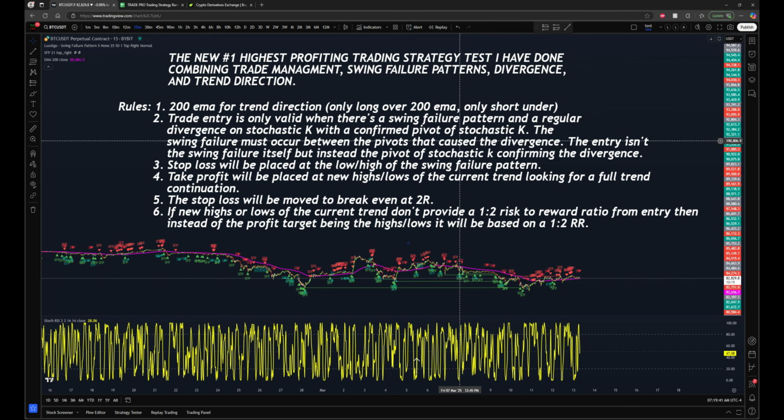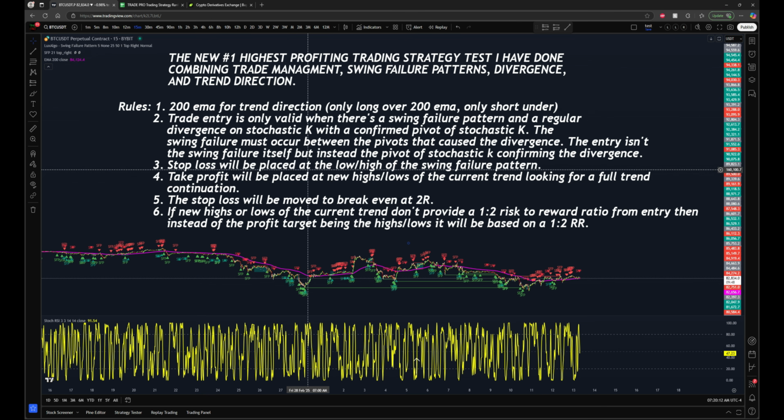We're actually entering based on the pivot of the stochastic K. When it goes from either rising to falling or falling to rising, that's a pivot of stochastic K. We're entering when we confirm a pivot with a divergence, and it's going to be a regular divergence, not a hidden divergence. I'll get into the examples so you can see exactly what I'm talking about. We're looking for a swing failure pattern that happens with the divergence present already, and it'll all make sense when I go through the examples.